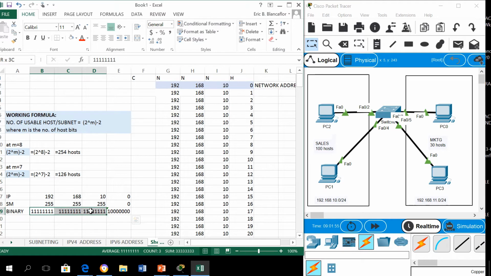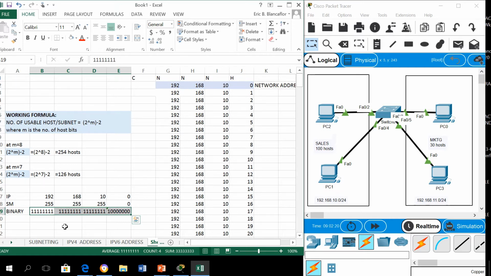Instead of only having 24 ones, now I added one here, 25. And the number of zeros becomes 7. So this is that one, M of 7. And if we have this subnet mask, the number of hosts is reduced, and actually what happened there is that our network is being divided.